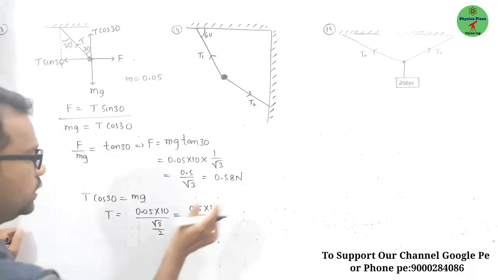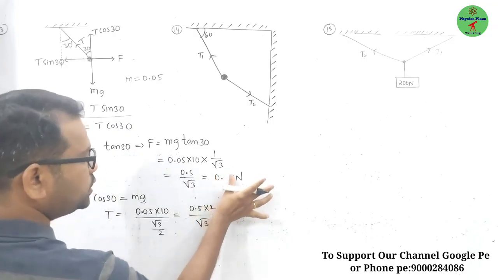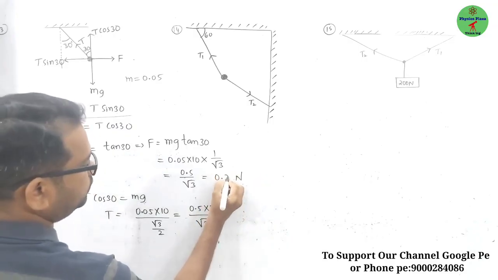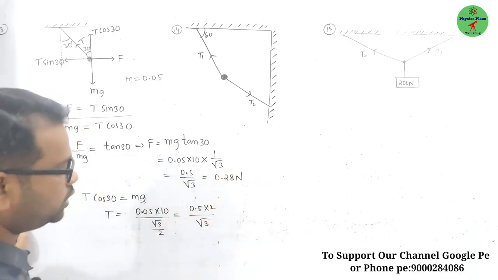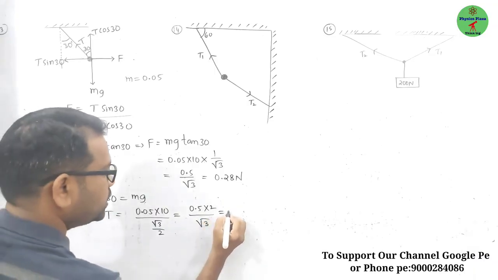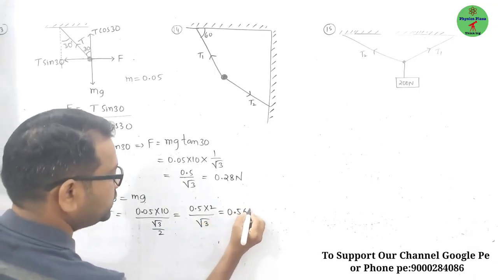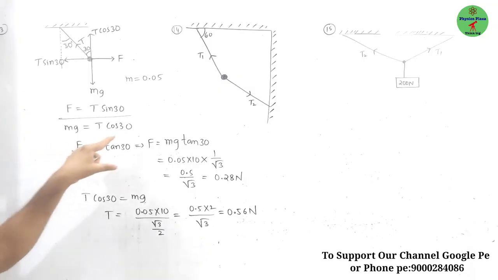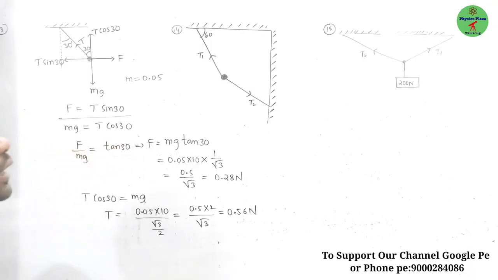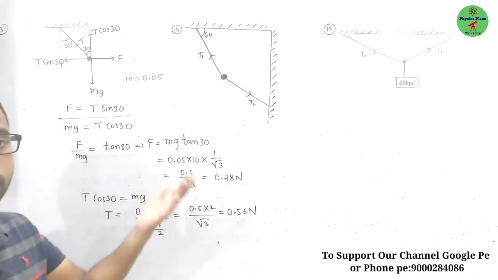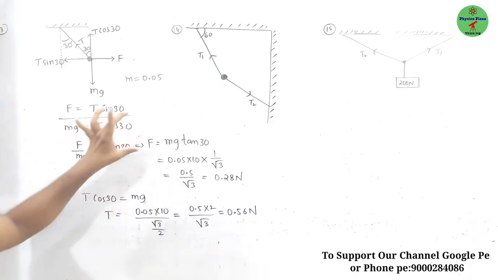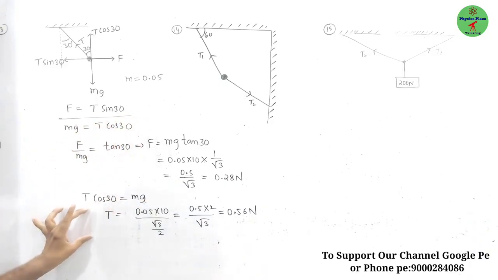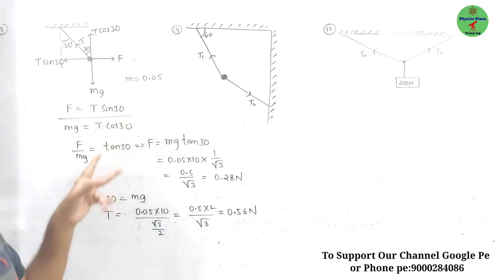I think, children, this is 0.28 if I am not wrong. Kindly check. Once you check, 0.28, so this is going to be 0.56 newton. So this is the force, this is the tension. In exam, if they ask you to find the ratio F by T, F by T means 1 by 2 you will get, T by F means 2 you will get.